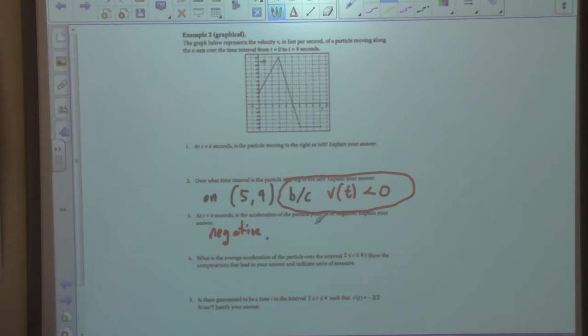Aaron said, because the slope of v of t is going downward. I'll say it like this: because v of t is decreasing.